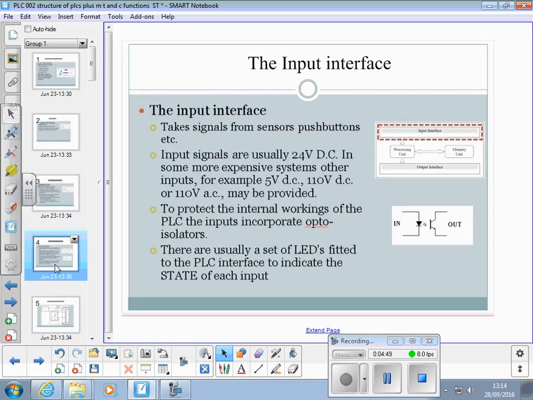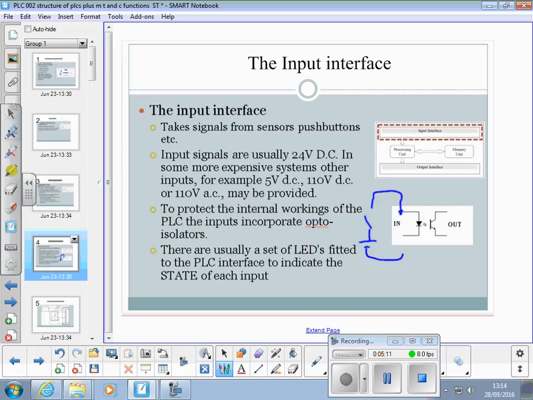To protect the internal workings of the PLC, the processor and other internal workings, the inputs are what's called opto-isolated. What that means is you connect your switch via a power supply. I'm going to put a battery in there.